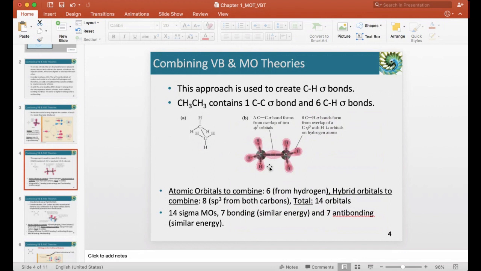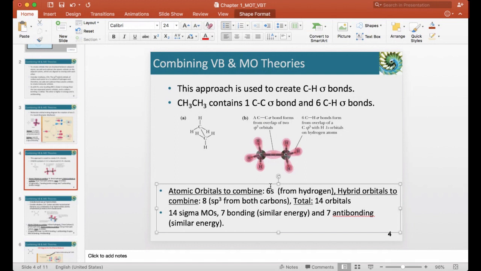If I would like to build the molecular orbital diagram for ethane, the first thing I need to know is how many atomic orbitals or hybrid orbitals I have in this molecule. So I would say 6 hydrogens, each one contributing 1 s orbital, so I have 6 s orbitals from hydrogen.